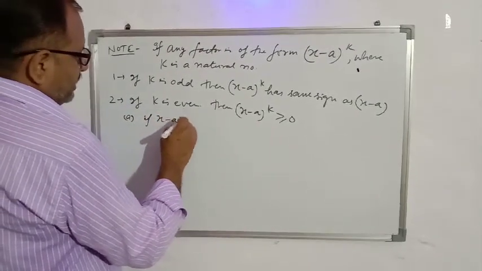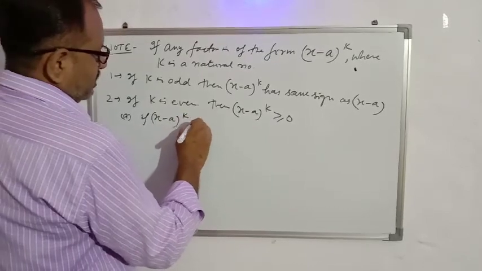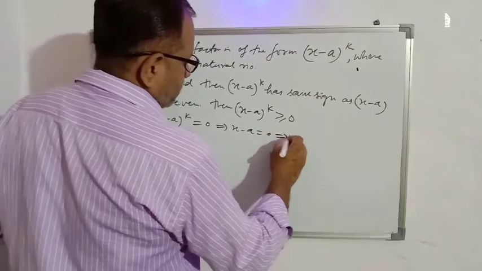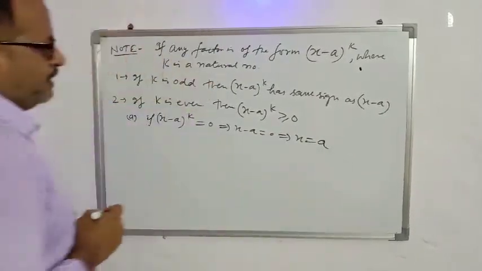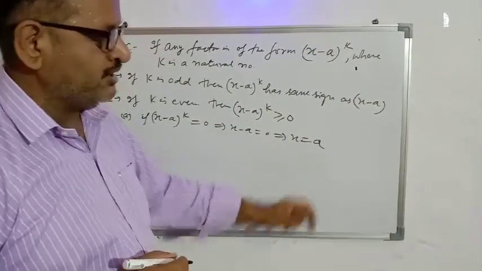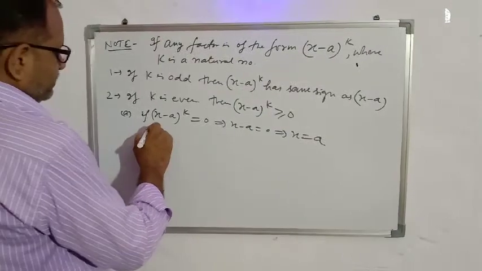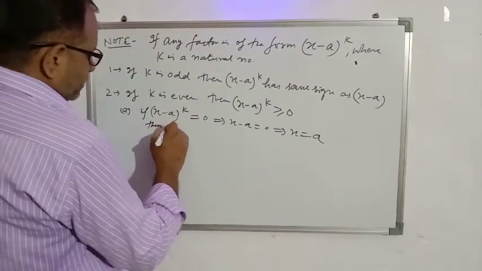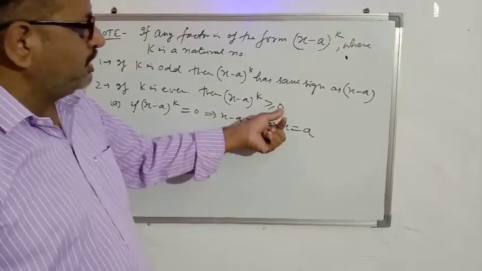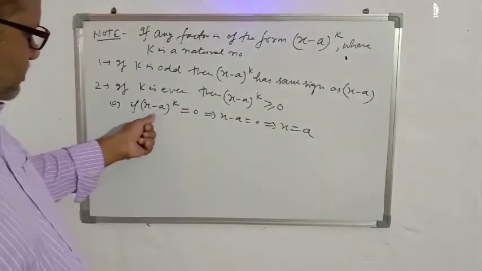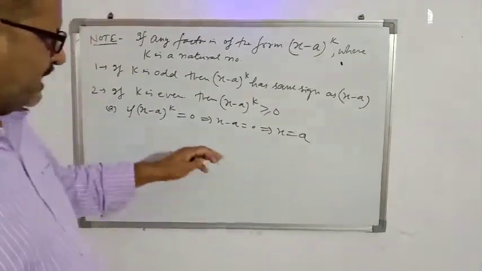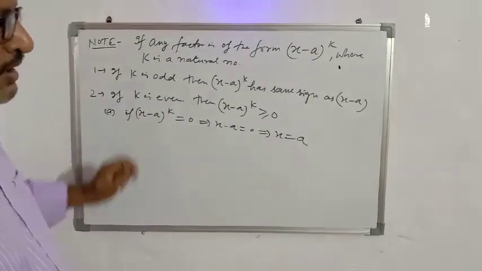If x minus a to the power k is equal to 0, this implies x minus a is equal to 0, means x is equal to a. So x minus a to the power k will be equal to 0 at x is equal to a. If k is even, then x minus a to the power k is greater than or equal to 0. If x minus a to the power k is equal to 0, then the value of x will be a, means at x is equal to a, it will be 0.